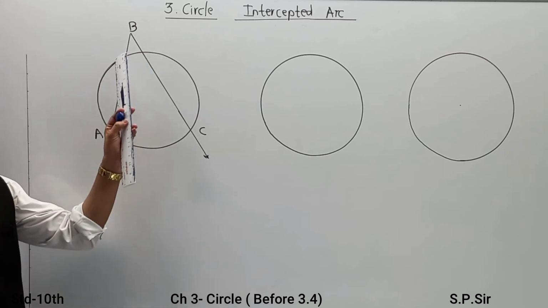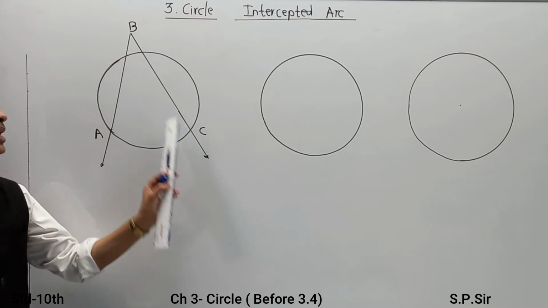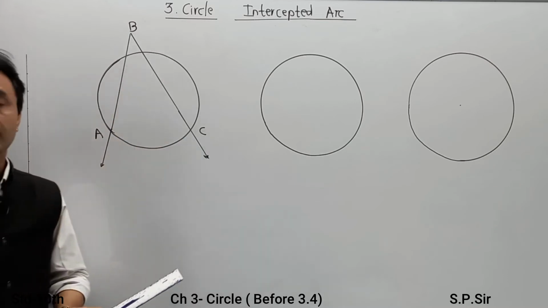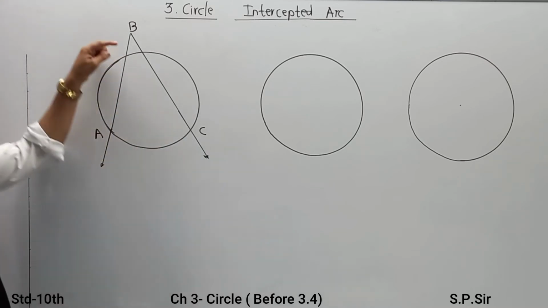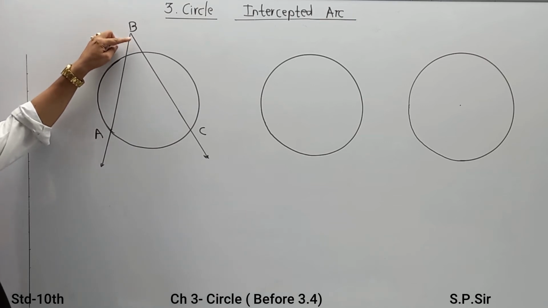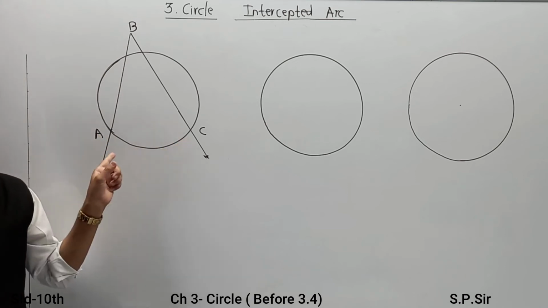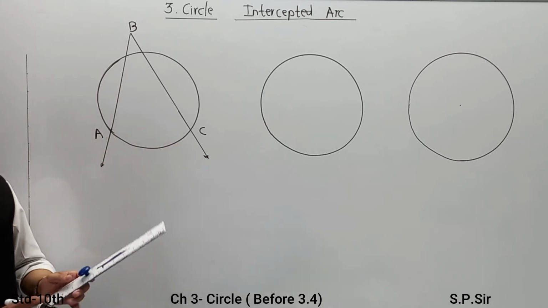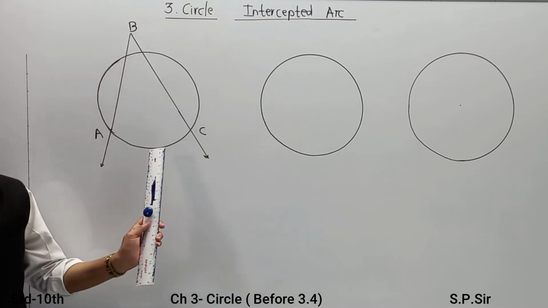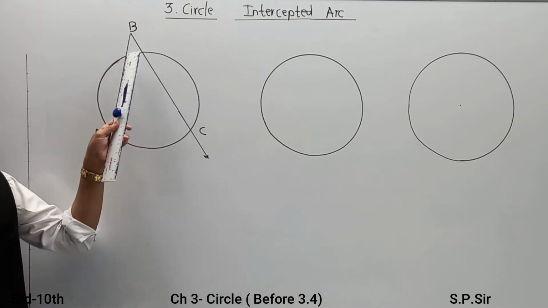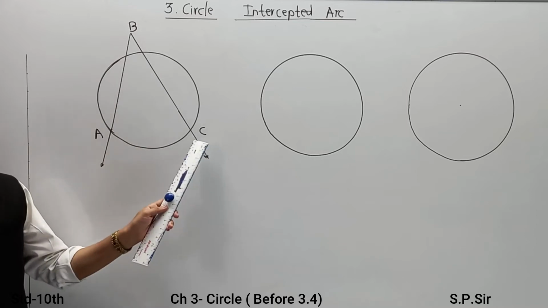Remember carefully: the arc close to the angle is always smaller, and the arc at a longer distance is always the larger arc. In this way there are two intercepted arcs formed by this angle ABC.